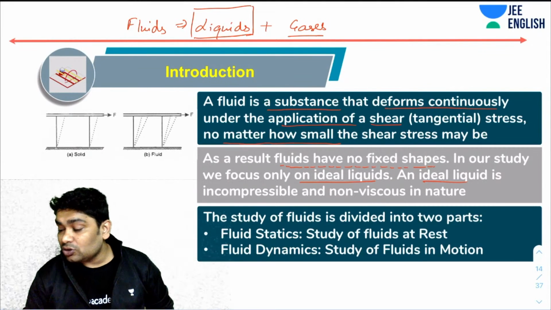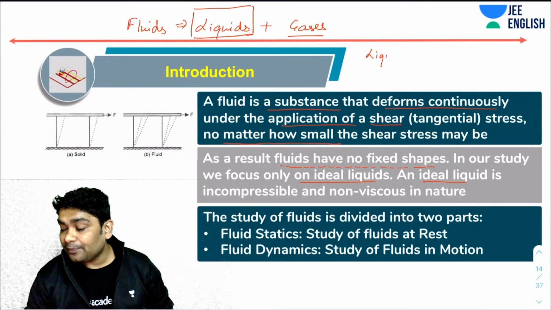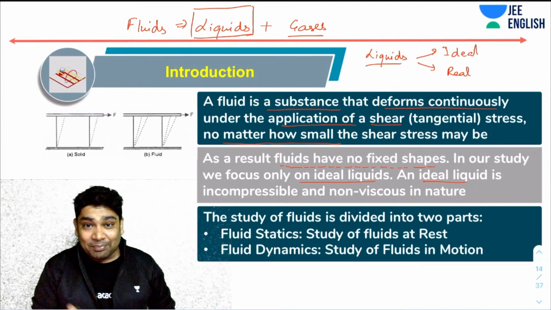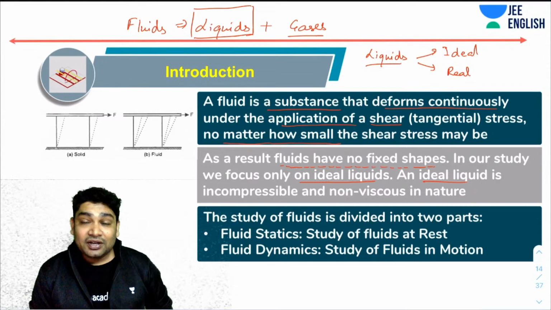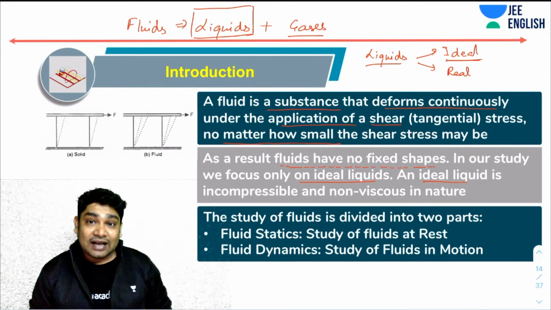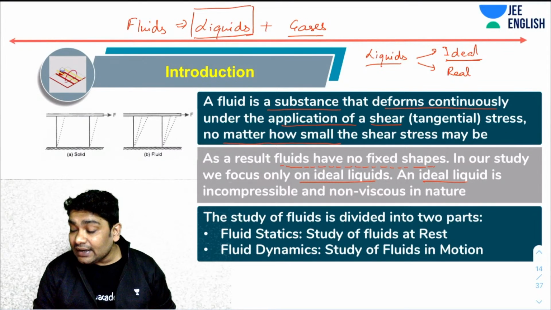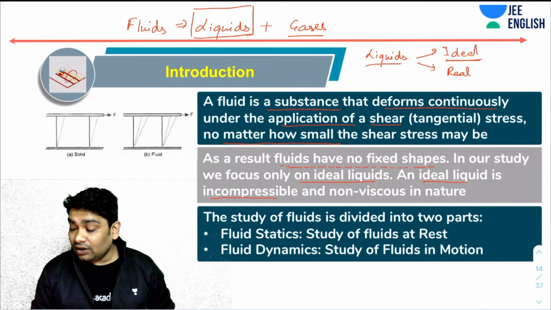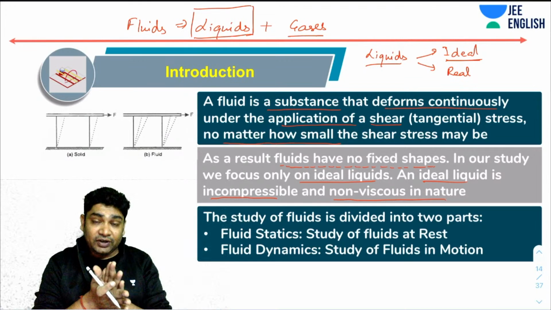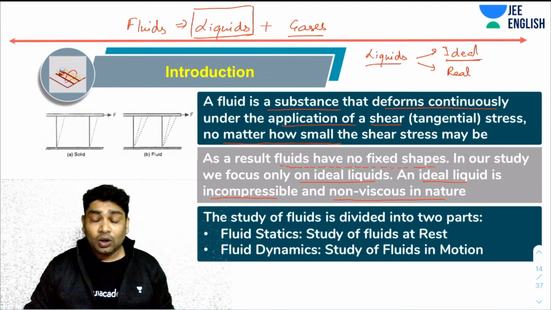Now, liquids can also be divided into two categories, right? You can divide these into ideal and real. In order to simplify our study and approach, we will only deal with ideal fluids. Ideal fluids have the following properties: they are incompressible and they are non-viscous in nature. So we ignore the friction between two layers of fluid, which is called viscosity.